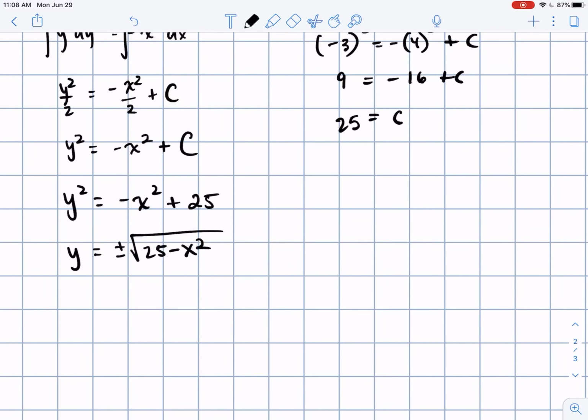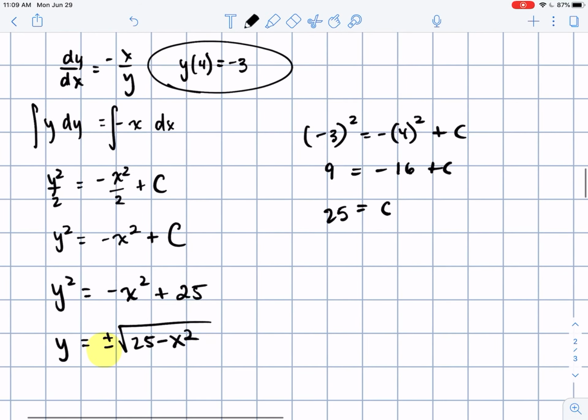And the next question is, and this is what I was saying about the other example, finding c, we could leave it as, if you're adding two constants, still c, e to the c is still c. But when you're looking for a specific equation to go with the point, you have to decide, is it going to be plus or minus? And the way you do that is go back up to your initial value.